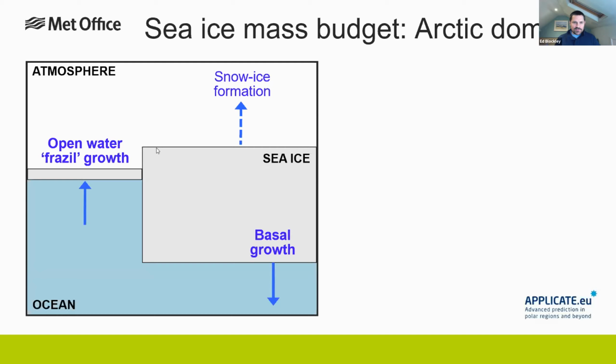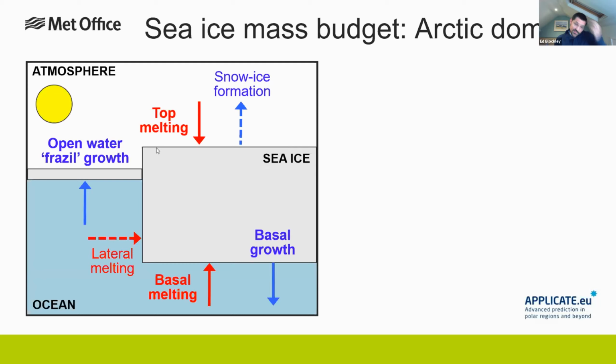There's also some snow ice formation, which is a very minor aspect, which is why I've used little dashed lines there. And then when the sun comes out, the ice melts from above. It also melts from below and from the side because of the ocean. And then we have evaporation and sublimation, the very small terms. So the big terms here are the ones with the solid lines and the bold type font.